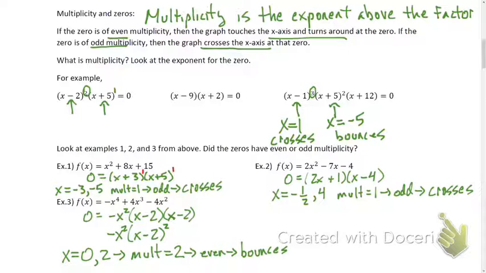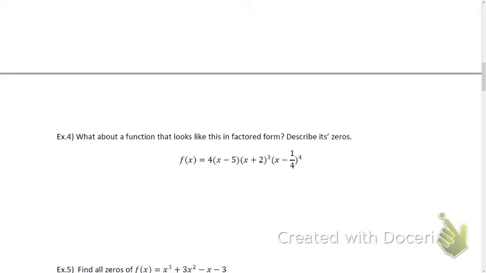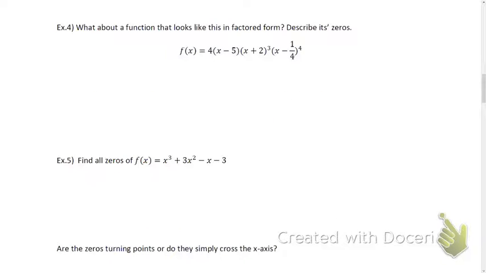All right, moving on. We worked number 4, just more practice identifying multiplicity. Number 4 is already factored for you. You just got to describe the zeros. I'll write it a little different.